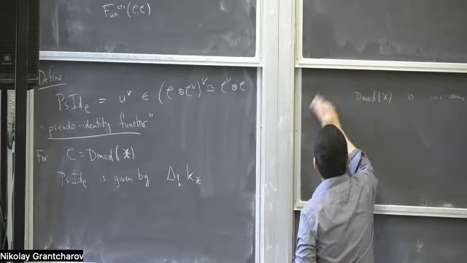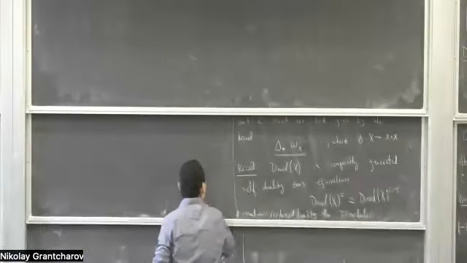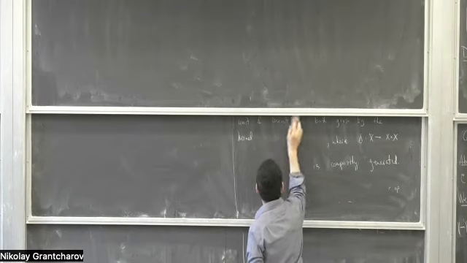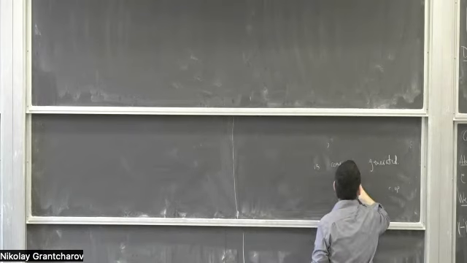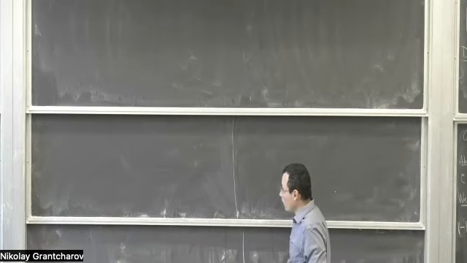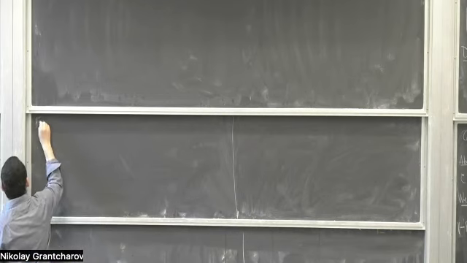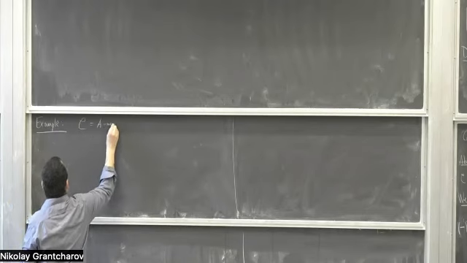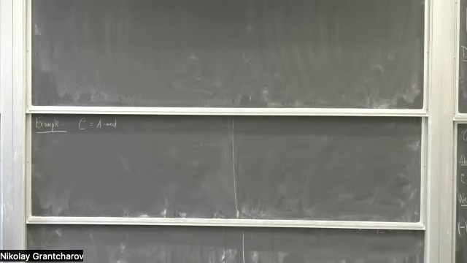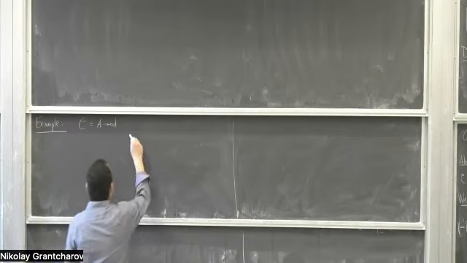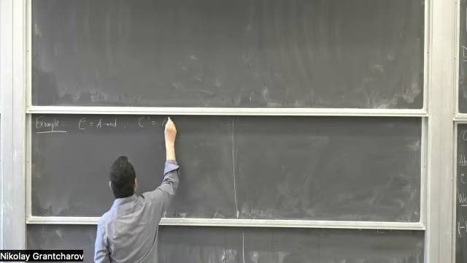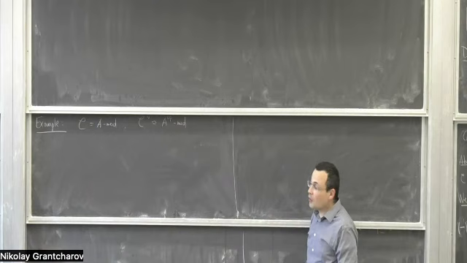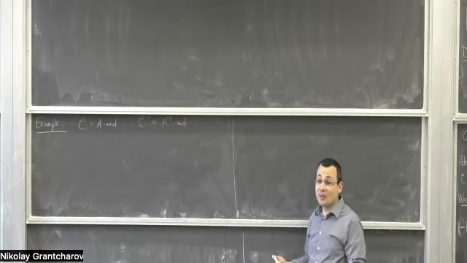I think a useful example to keep in mind: if C is A mod for an associative algebra A, then of course Justin explained that in this case, the dual category is the category of modules over the opposite algebra.